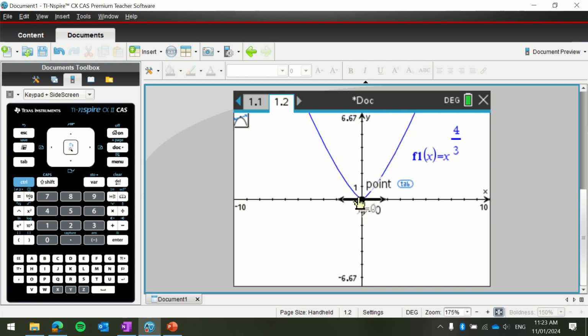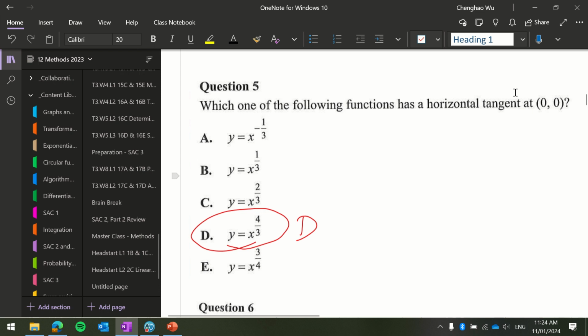Just to show you how this works. I think you can move this. Nope, doesn't let me move it. Oh, never mind. But you can even construct a tangent like this, and it will show you what it is.